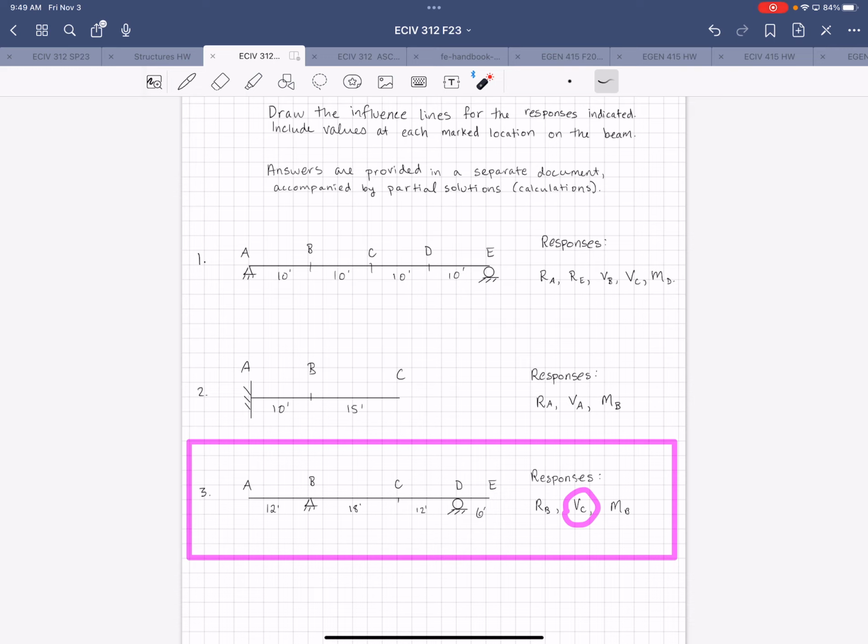Even though you didn't need to find this value to develop the reaction at B, once you have it, since you know it's just a continuous slope from beginning to end for this line, you can use similar triangles, right? So you know this value and this distance, relate that to 12 feet, so this should be 0.44.